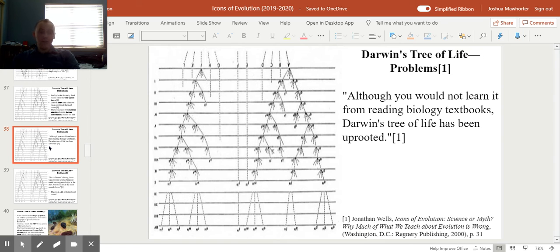Jonathan Wells writes, although you learn it from reading modern biology textbooks, Darwin's tree of life has been uprooted. So students are still presented with this as a true theory, even though the fossil record doesn't demonstrate it. Scientists know it's not the case.